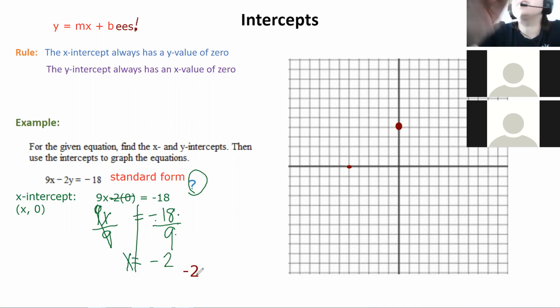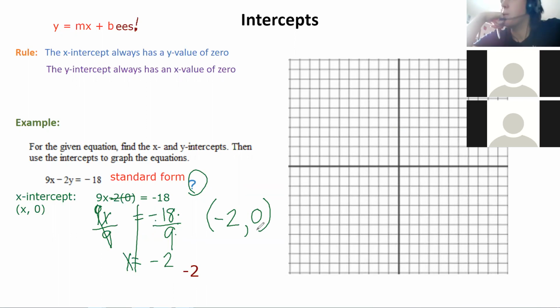So that means our x-intercept is when x is negative 2 and y is 0. So then we would go to our graph and we would put a dot right at negative 2, 0. Where would that be? We want this one. This one is negative 2, 0.